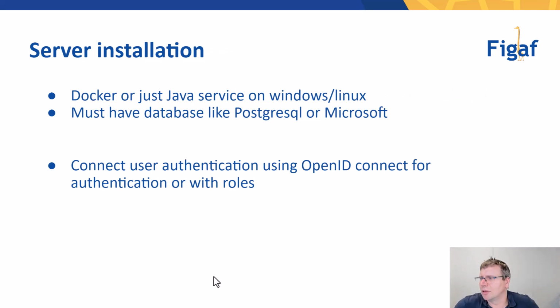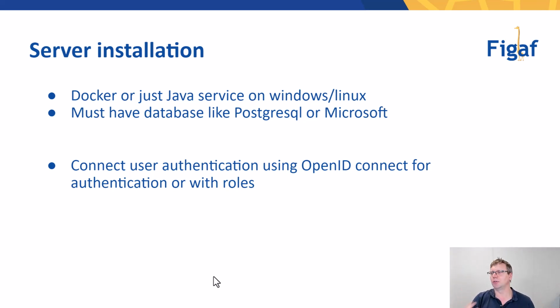Server installation, we do have a Docker version that you can deploy of the Figaf tool. It is actually just a Java service that you can also run in Linux or Windows. We recommend that you do have a database like Postgres or Microsoft database, and that you manage this database yourself, being able to use it in a productive way.